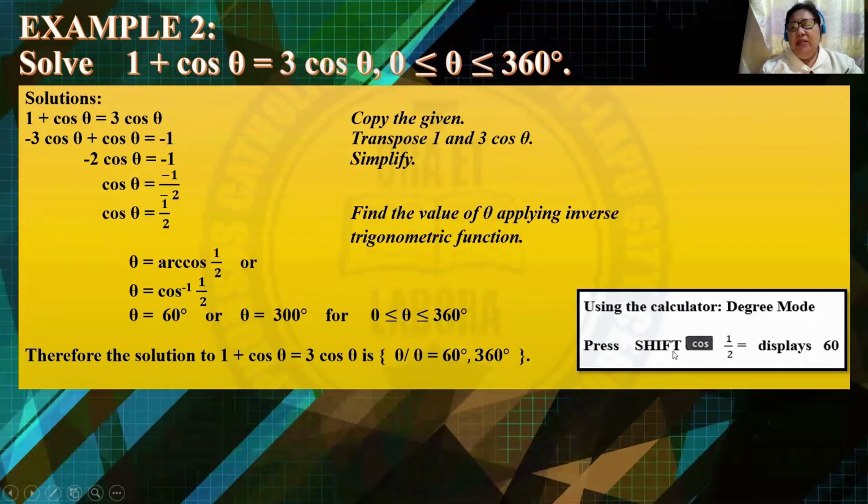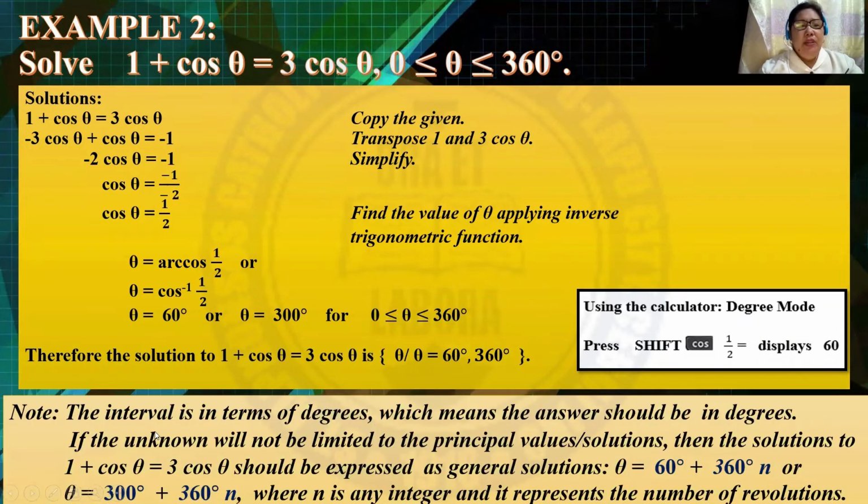Using the calculator, you have to press shift cosine 1/2 equals, then it will display 60 degrees. And for cosine, we can have only positive cosine in the first quadrant as well as in the fourth quadrant. Take note, the interval is in terms of degrees, which means the answer should be in degrees.